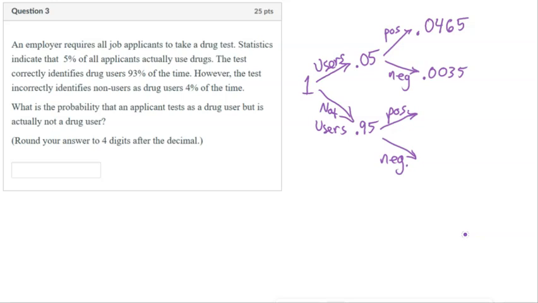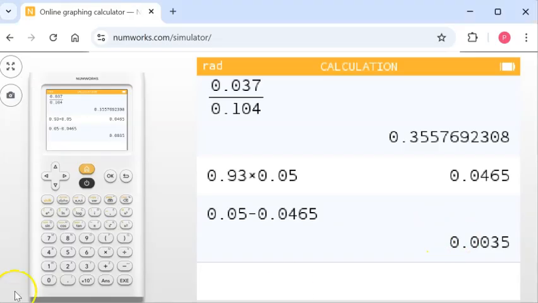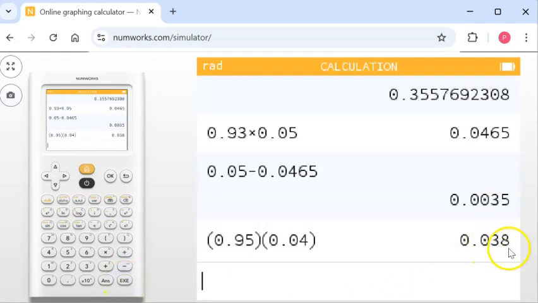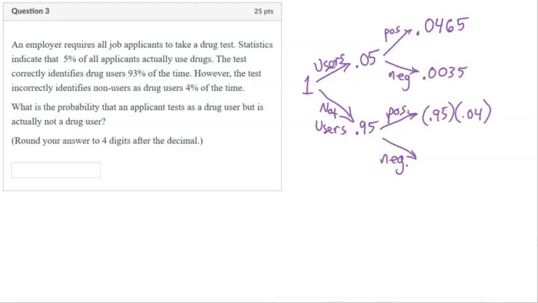So we're going to do our 0.95 times 0.04, and that gives us 0.038.